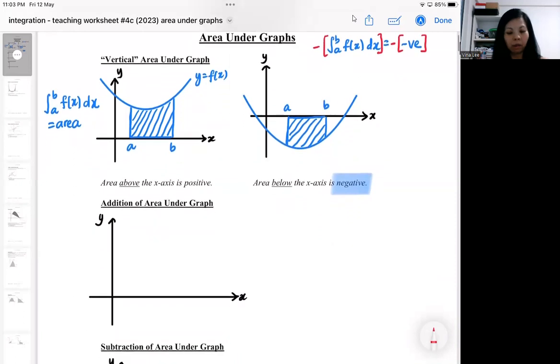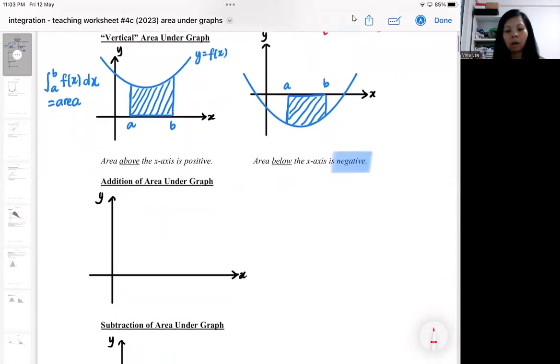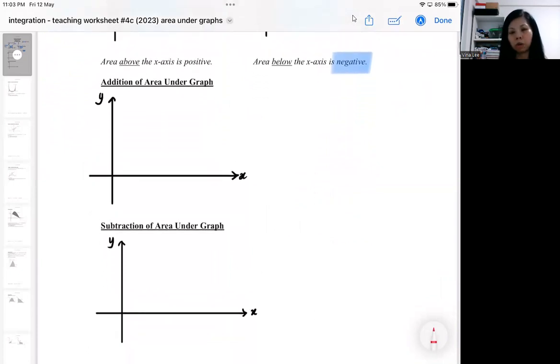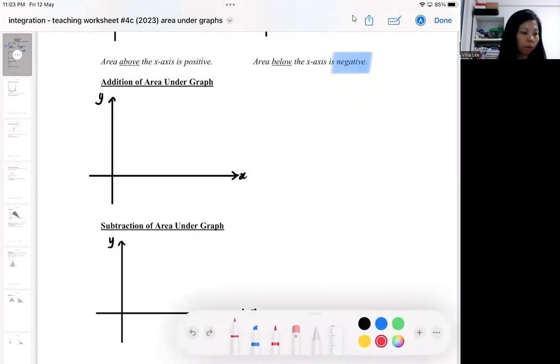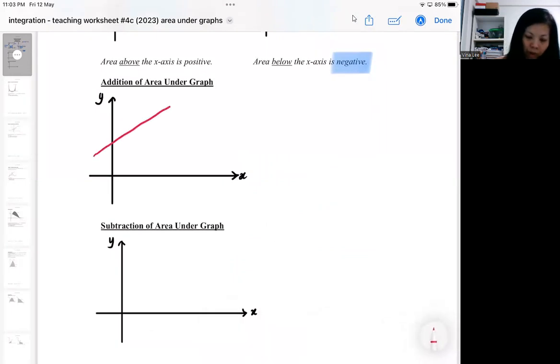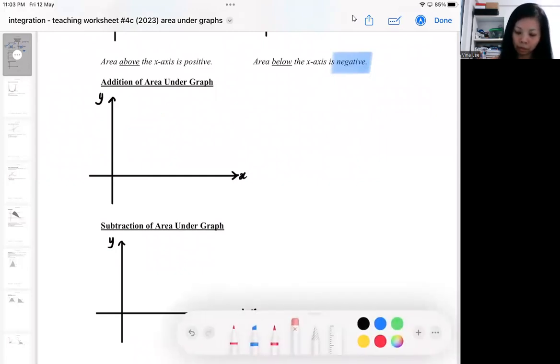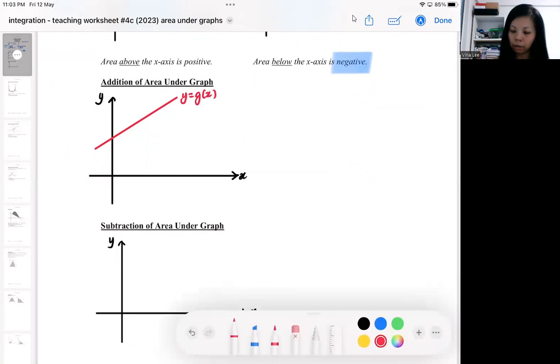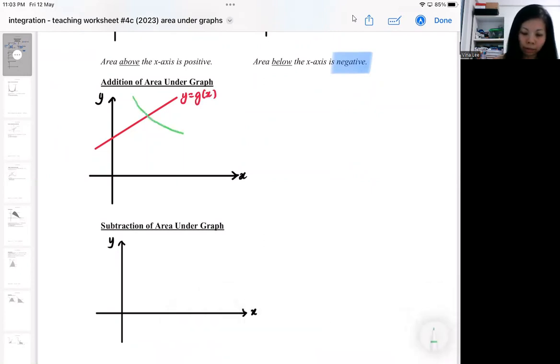Okay. And then if you can tell positive and negative area, you will be left with thinking, should you be adding the area or should you be subtracting the area? So I'm going to show you in which idea will you be adding the area. I'm going to give you a straight line, which I'm going to call g(x), and I'm going to give you a curve, which I'm going to call f(x).